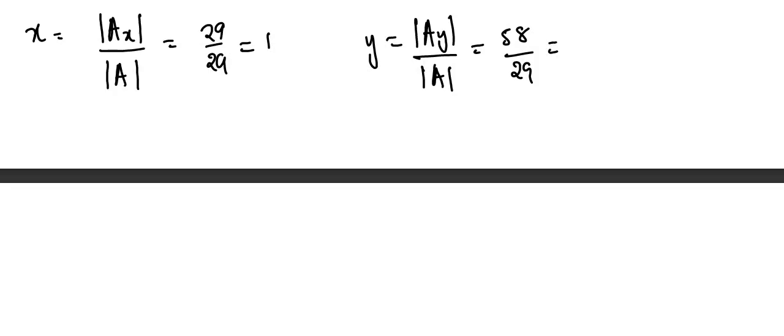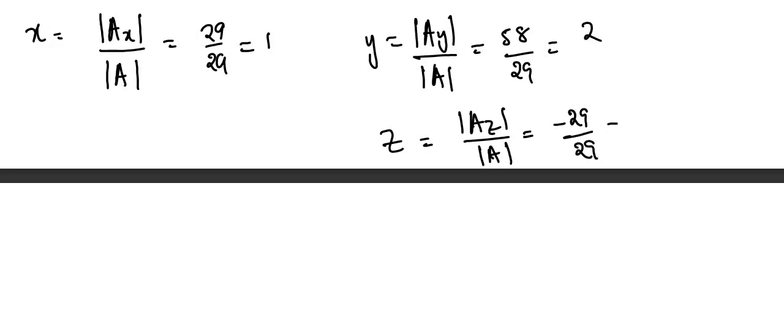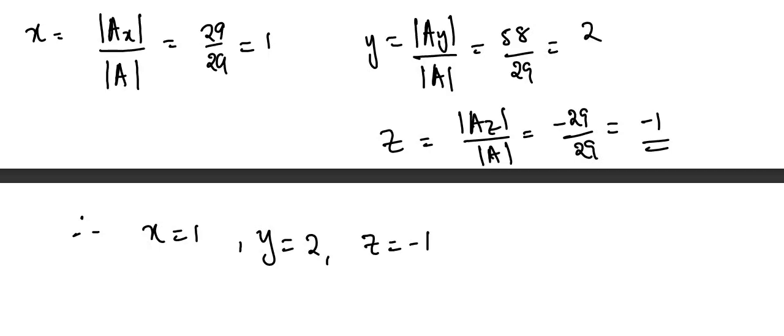So this is going to give us a 2. And to get Z, we'll say the determinant of AZ divided by the determinant of A, which is negative 29 over 29, which is just a negative 1. Therefore, X is equal to 1, Y is equal to 2, and Z is equal to -1.